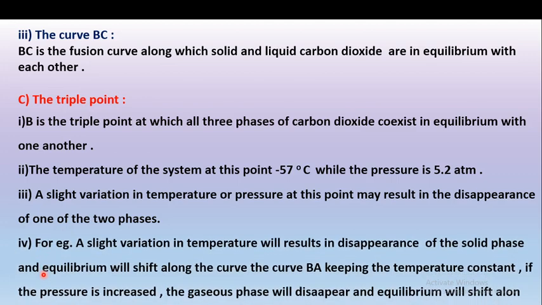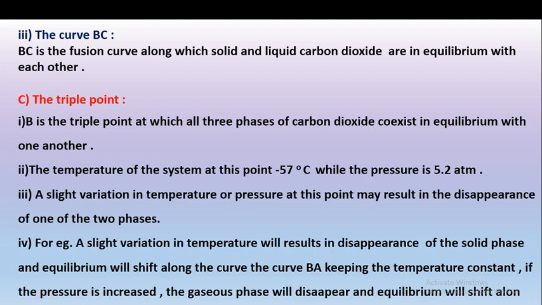For example, a slight variation in temperature will result in disappearance of solid phase and equilibrium will shift along the curve BA. So this is the example we have considered, keeping the temperature constant.